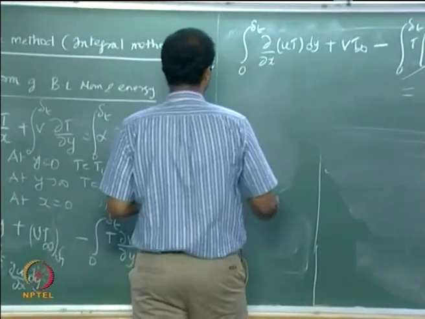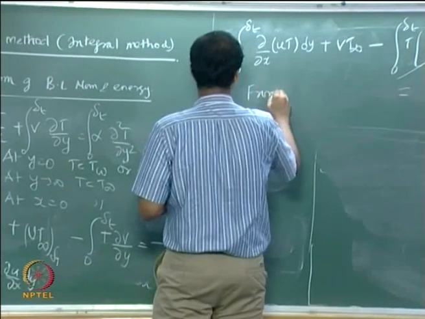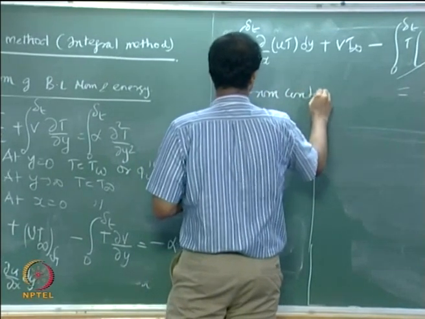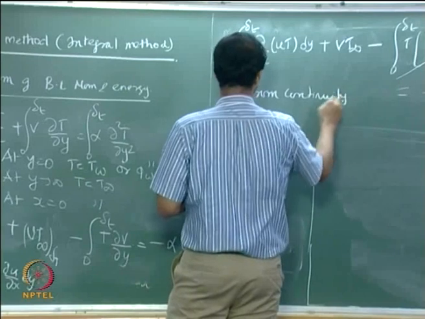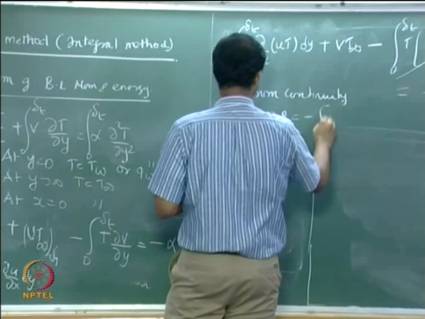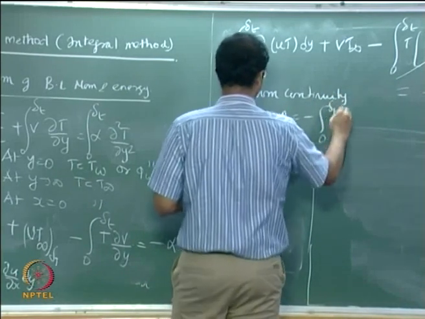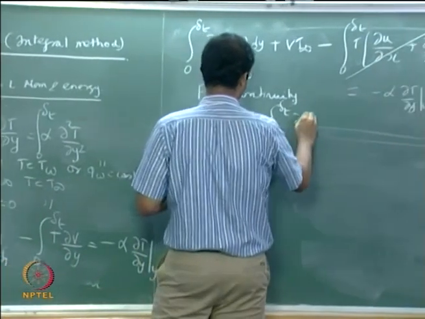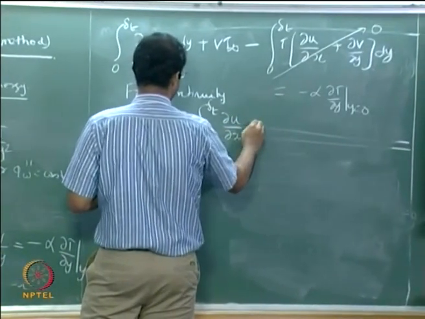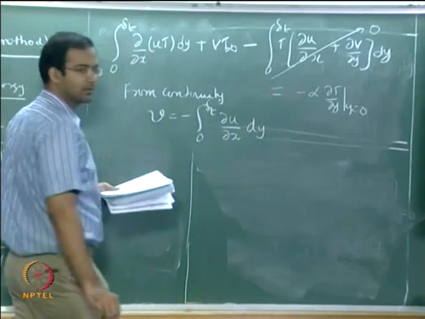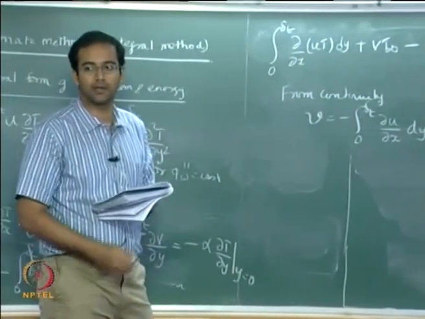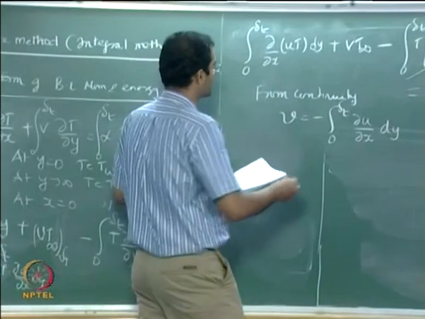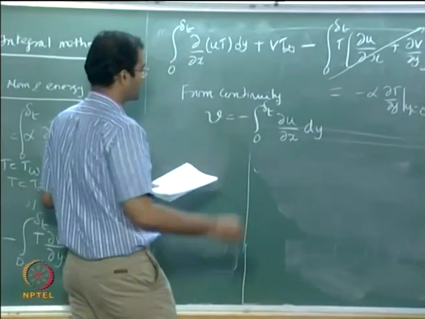And also from continuity, if I integrate the continuity equation from 0 to delta T, I can write my v velocity in terms of u velocity. I am just integrating the continuity equation. So I can substitute, and now I can eliminate v from this equation.